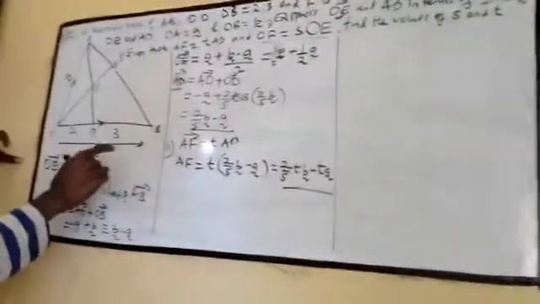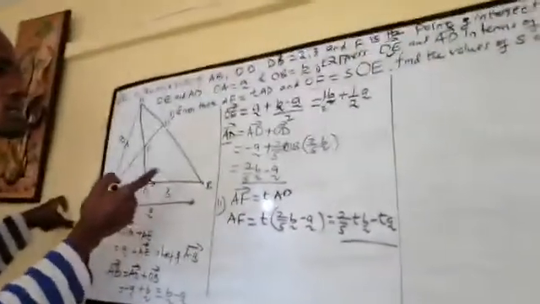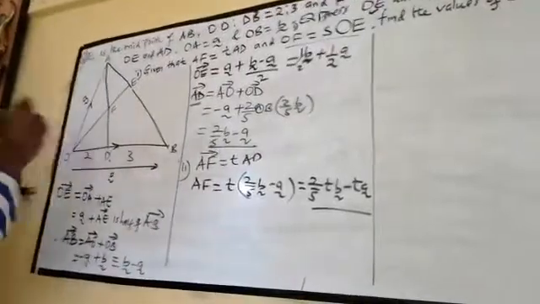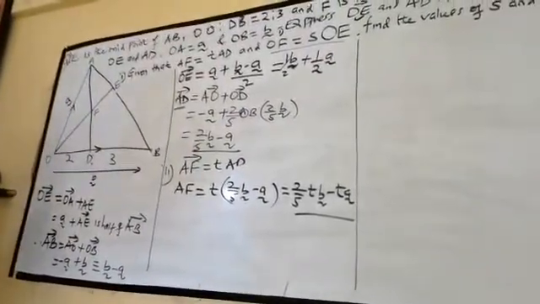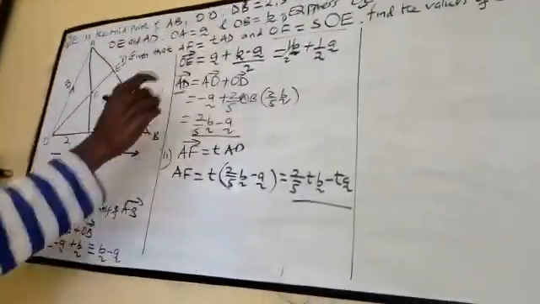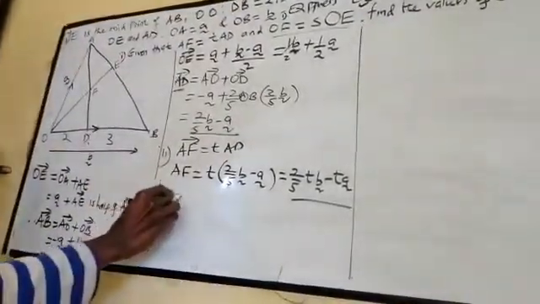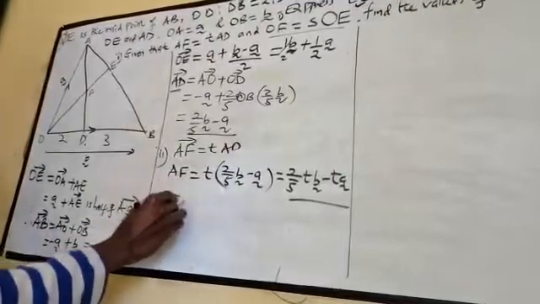You must have one route that contains AF. You create another route that goes to AF so that we can equate them.